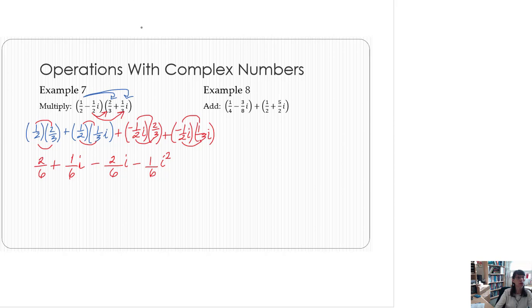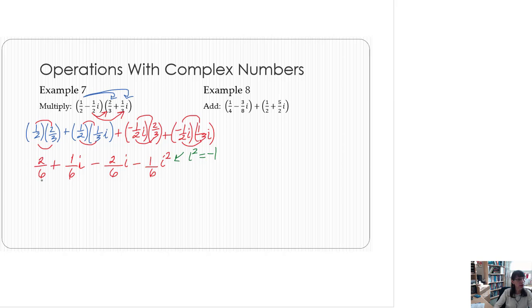Now it's important that you remember that i squared is equal to negative 1. So anytime that we create i squared, or if a problem has i squared in it, we need to replace i squared with negative 1.